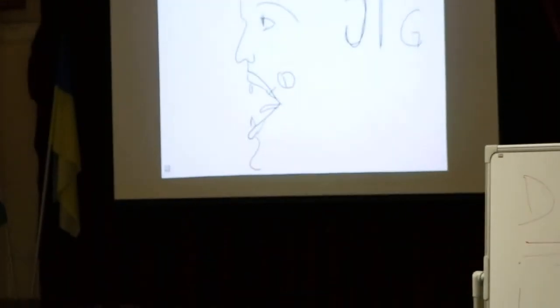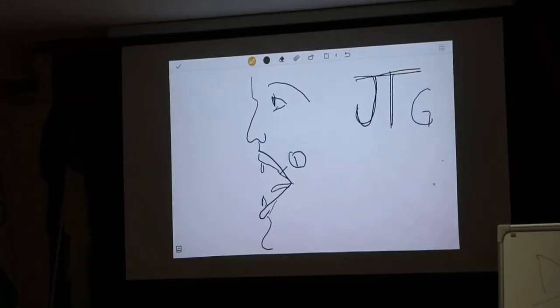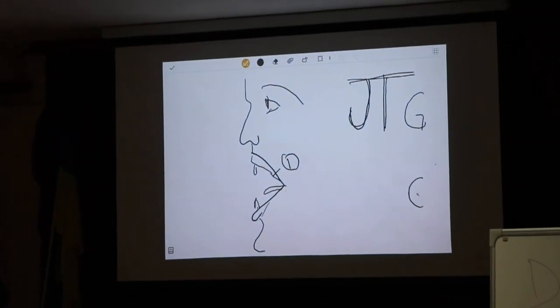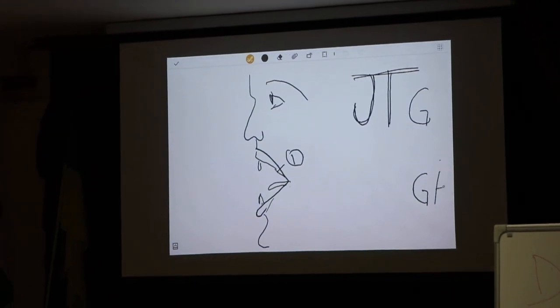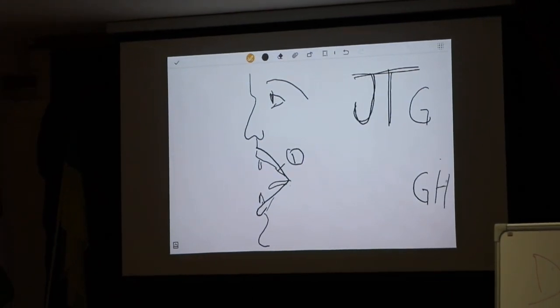Once again, if we want to put it in the form of English letters, it will be G, H. And how do we write gha?